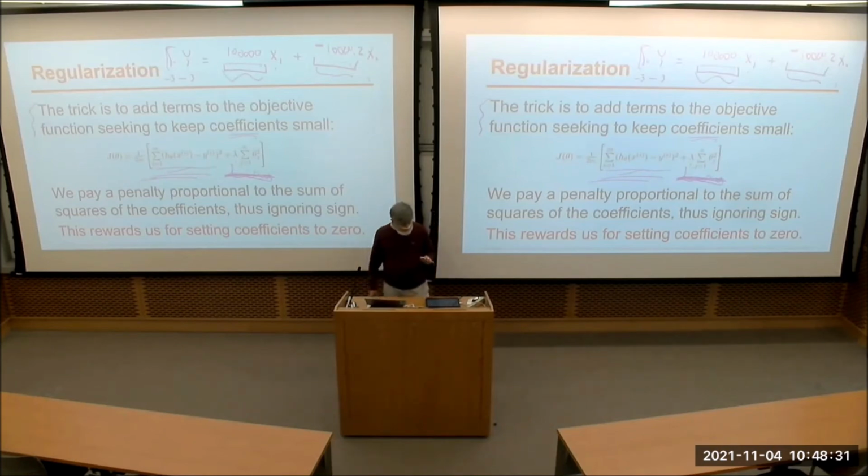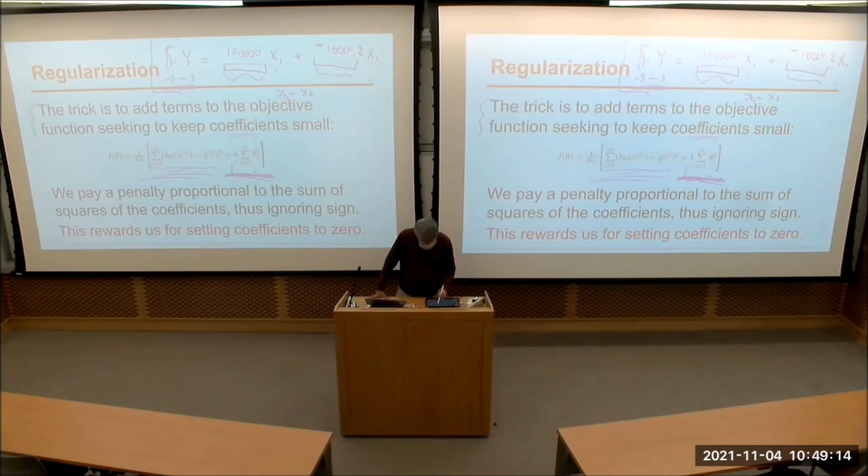An almost as good model, if you have something like y equals 1,000,000 x1 minus 1,000,000 x2, is going to be almost the same model as y equals x1 minus x2. So when you fit these models, sometimes if you don't take efforts to lower the coefficient sizes, there'll be many equivalent sets of coefficients that realize about the same error.